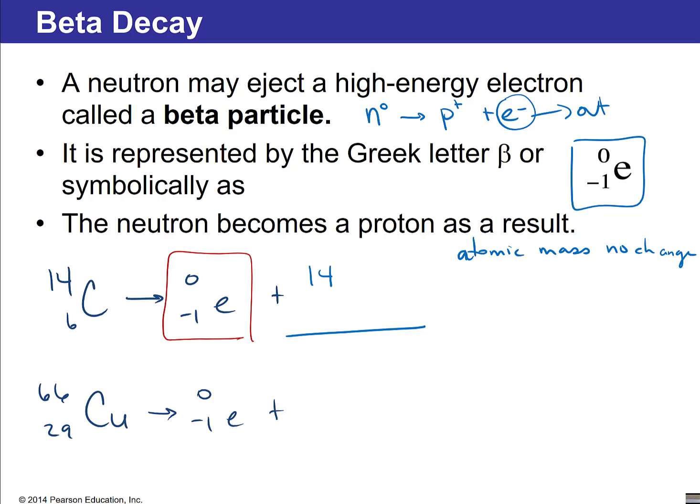But the atomic number, since that neutron converts to a proton, would increase by just 1, because you're going to make a neutron into a proton. So instead of being 6, it'll be 7. So if the atomic number changes, does the element change? The atomic number will increase by 1.